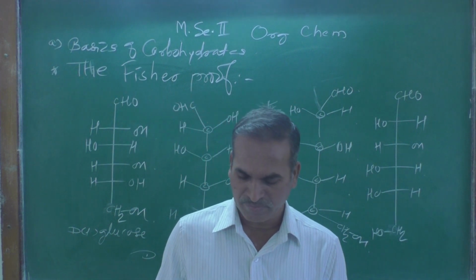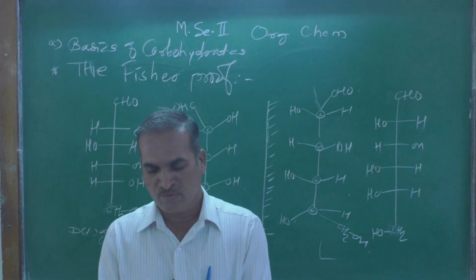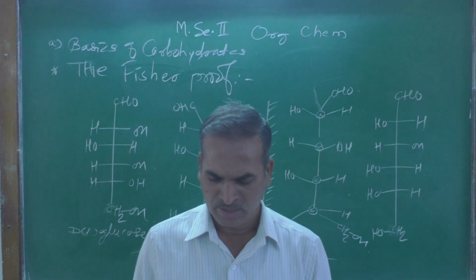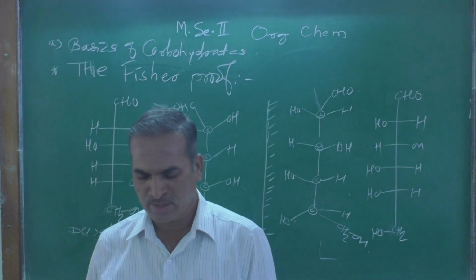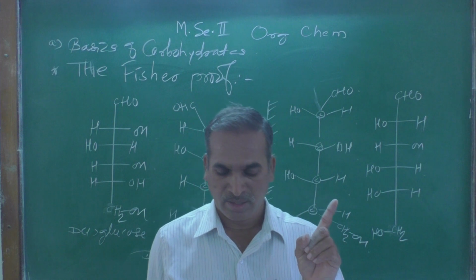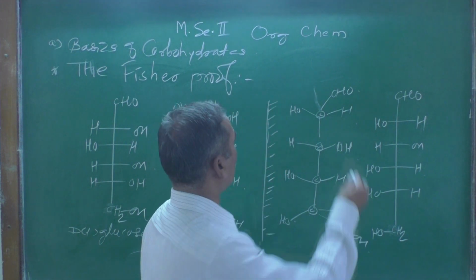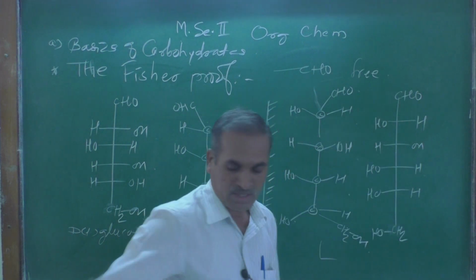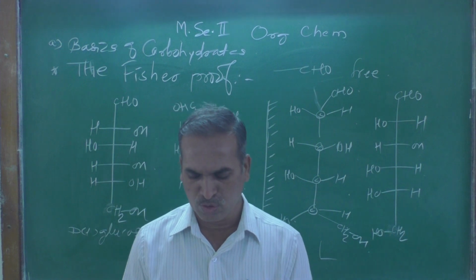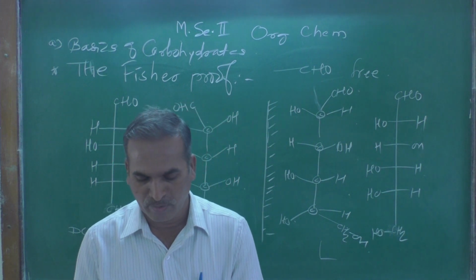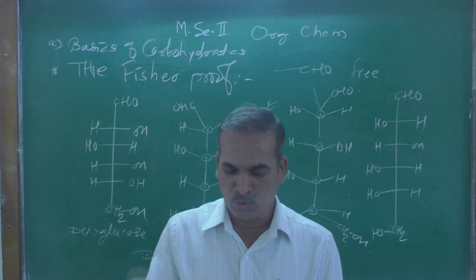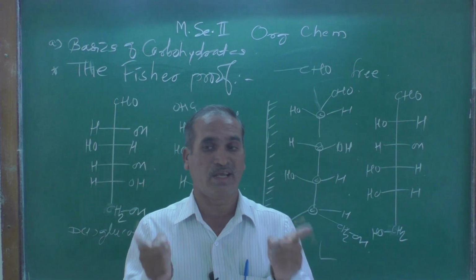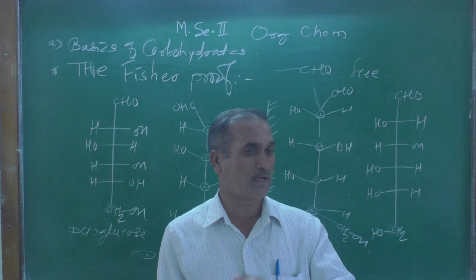Though Baeyer's open chain formula for glucose, as shown above, explains most of the reactions, the presence of a free CHO group in glucose was found to be doubtful due to the following observations.